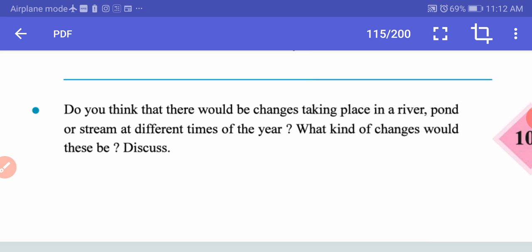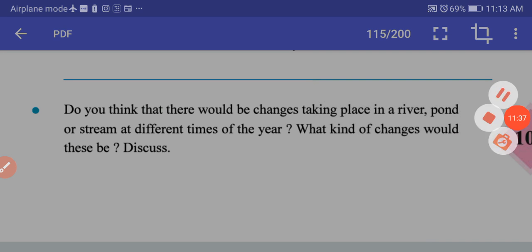Whereas in the monsoon season, the level of water increases. Why? Because of the rainwater that is spilled into the river, the quantity of the water increases. So these are the two changes which you see at two different times of the year.